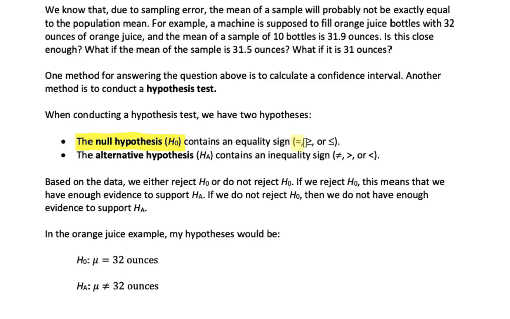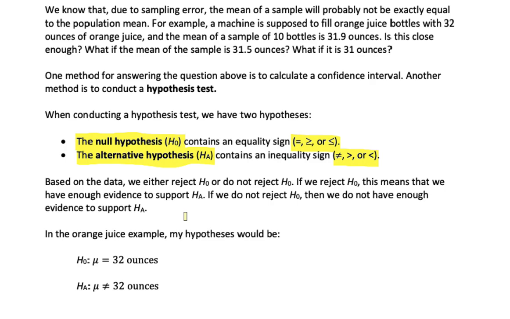And so again, null hypothesis, equality sign. Alternative hypothesis always contains an inequality sign, which is a not equal to, a greater than, or a less than symbol without the line underneath. And we abbreviate the alternative hypothesis with H sub A. So it'll look like this.